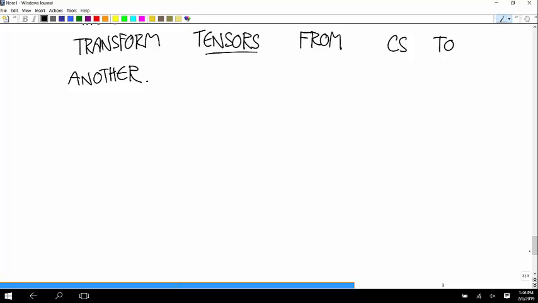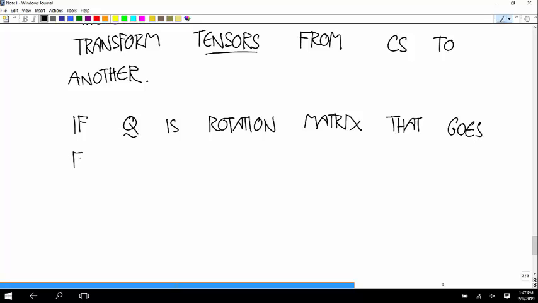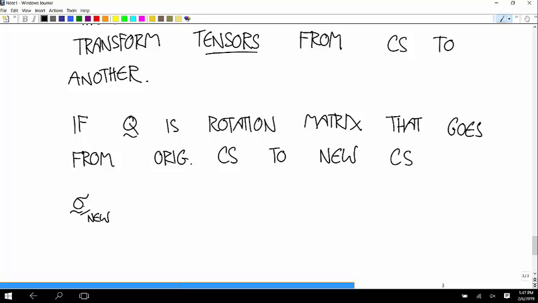So if Q is the rotation matrix that goes from the original coordinate system to the new coordinate system, then the stress tensor in the new coordinate system is equal to the rotation matrix times the stress tensor in the old coordinate system times the transpose of the rotation matrix.